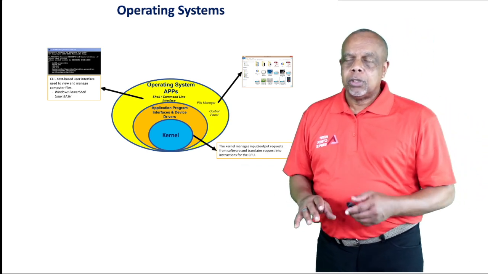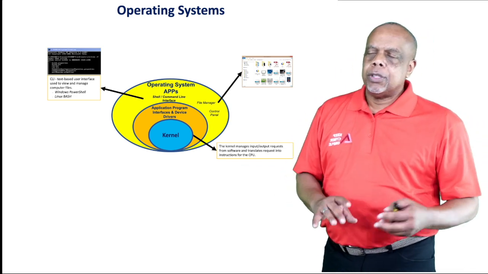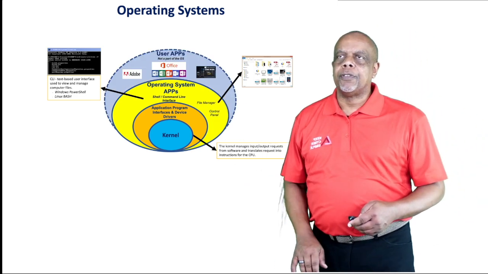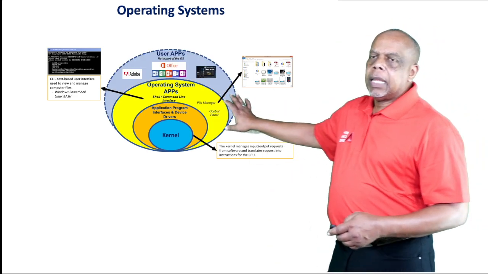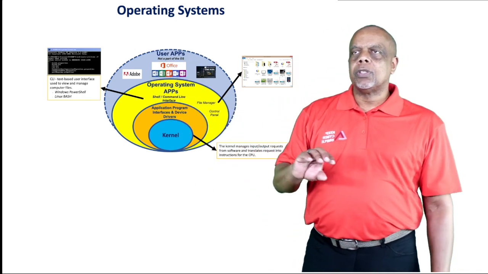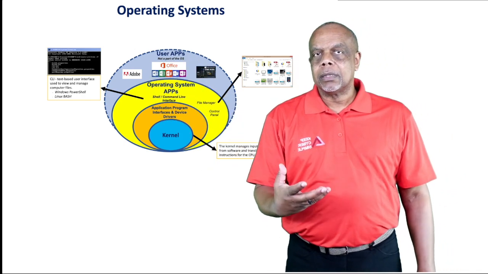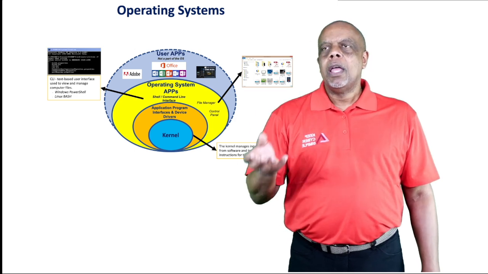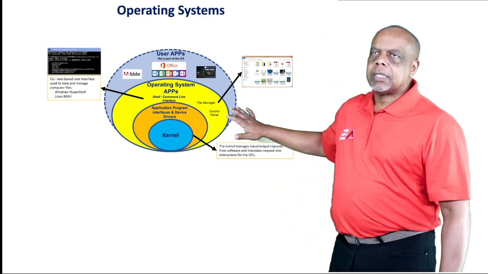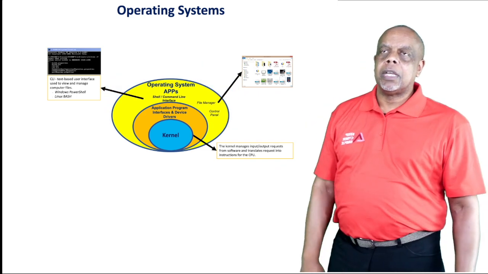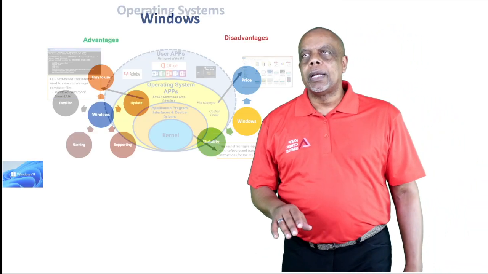Within Windows you can write scripts and do those types of things from the command line interface. Then on the outside are your user applications. However, remember, your user applications are not a part of the operating system. These are external, third party applications that reside here. They sit on top of that, but they are not a part of the operating system. So that's what the operating system looks like.